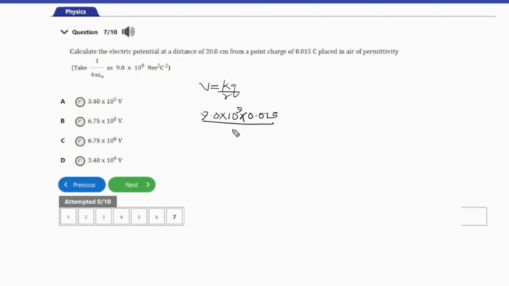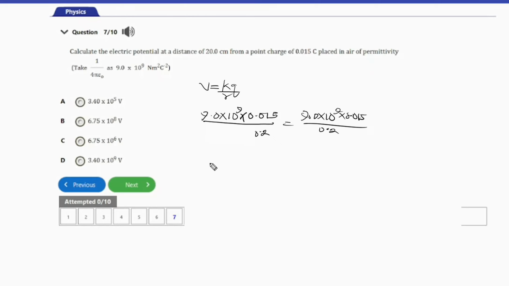Then this will be over r, which is the distance. Here, the distance is given in cm, so we have to convert this to meter, and that will give us 0.2 meters here. So we have 9.0 times 10 to the power of 9 times 0.015 over 0.2 meters.